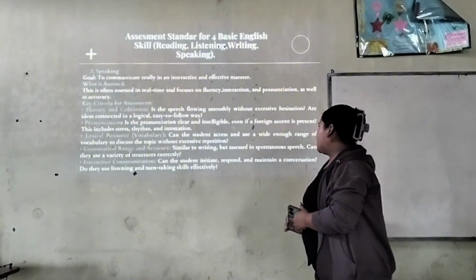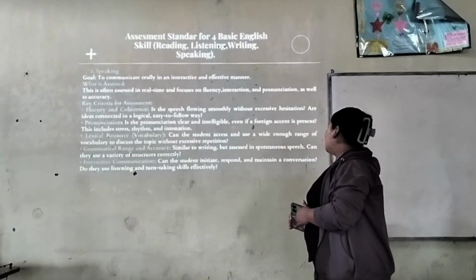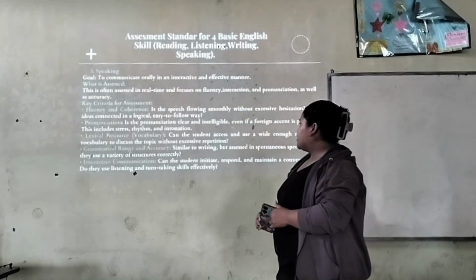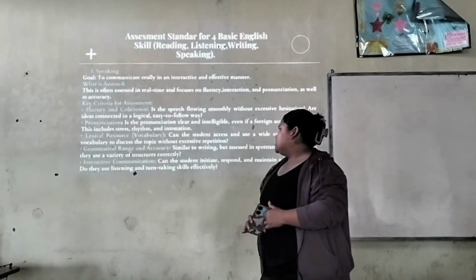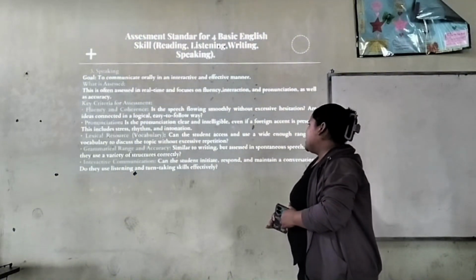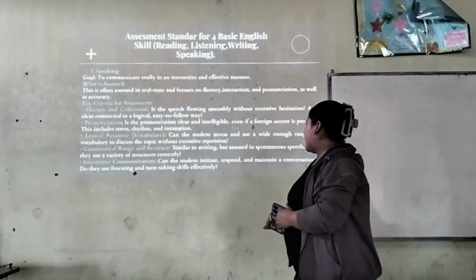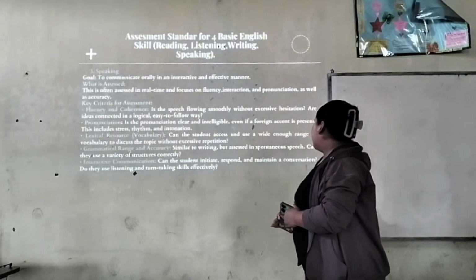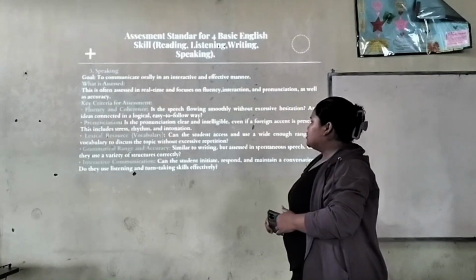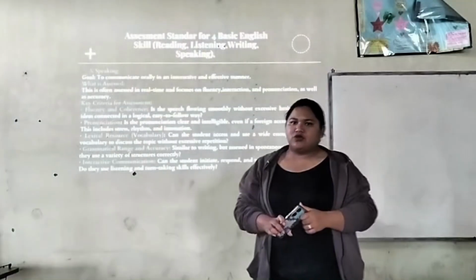Is the speech flowing smoothly without excessive hesitation? Are ideas connected in a logical, easy-to-follow way? The second is pronunciation. Is the pronunciation clear and intelligible, even if a foreign accent is present? This includes stress, rhythm, and intonation.